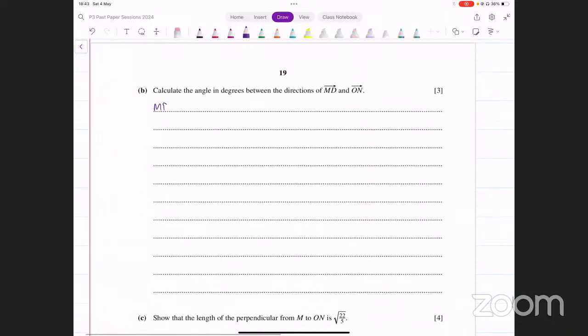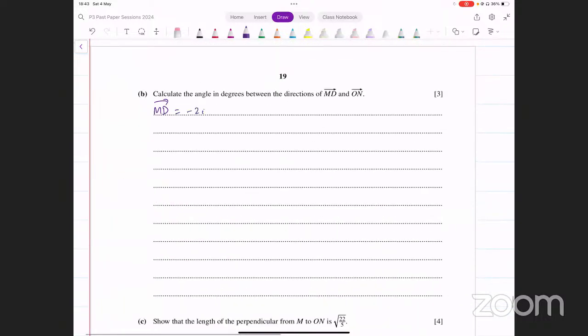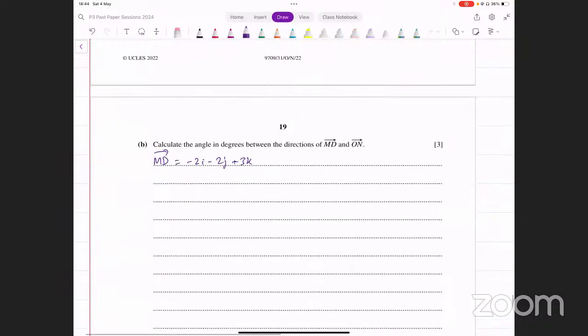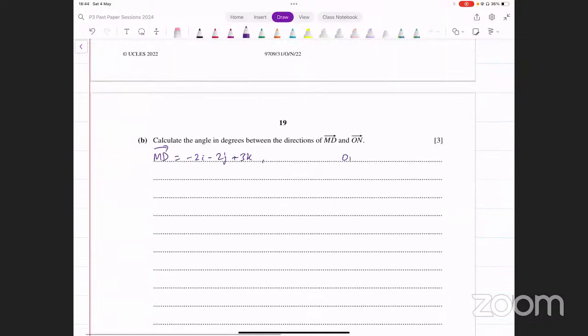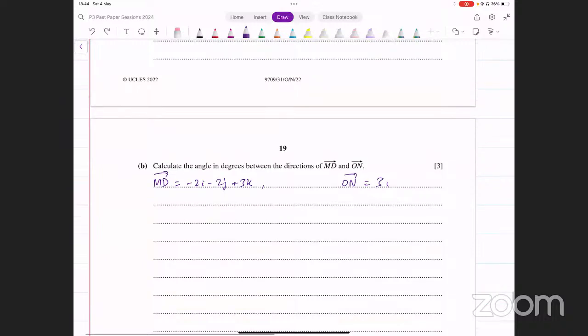Now vector MD is equal to minus 2i minus 2j plus 3k, and the other vector ON is equal to 3j plus k.